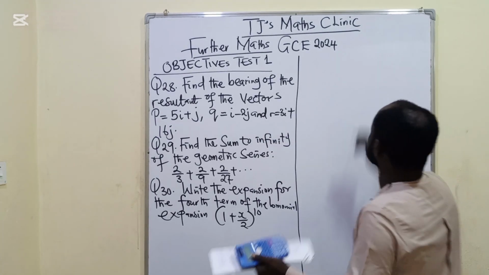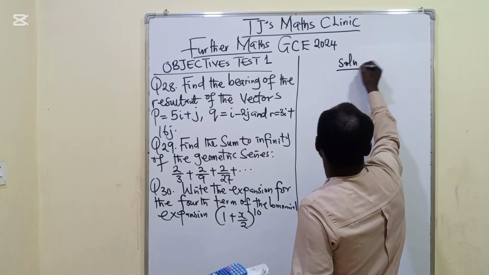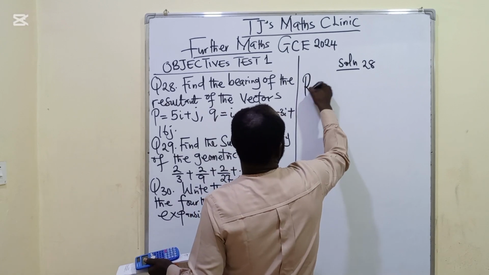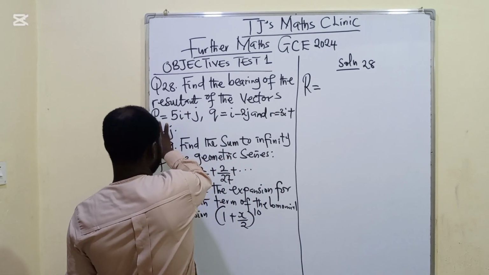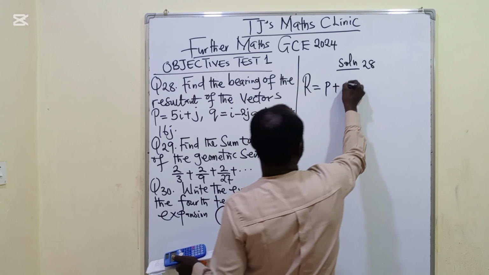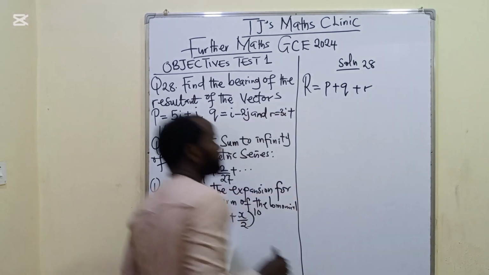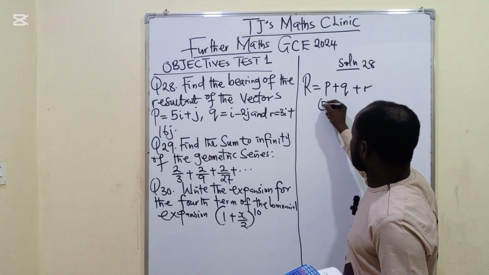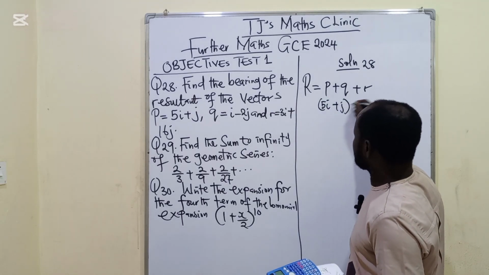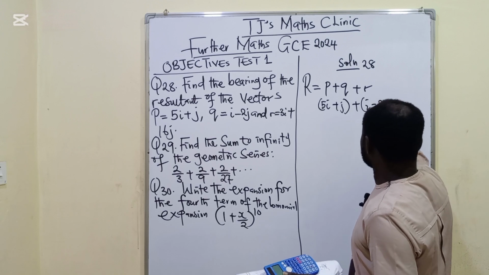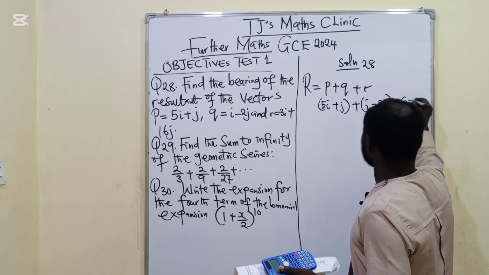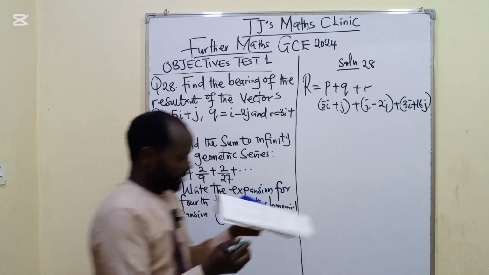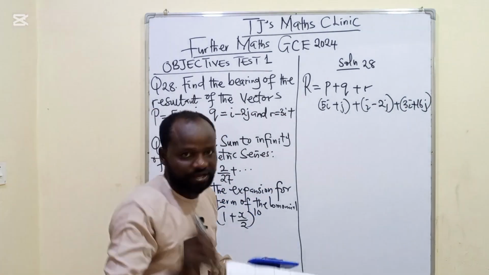Let's write down the solution here. Solution to 28 now. The resultant is the sum of all the forces, which is given as P plus Q plus R. So we have 5i plus j, plus i minus 2j, plus 3i plus 16j. It means we have to add i to i, j to j.